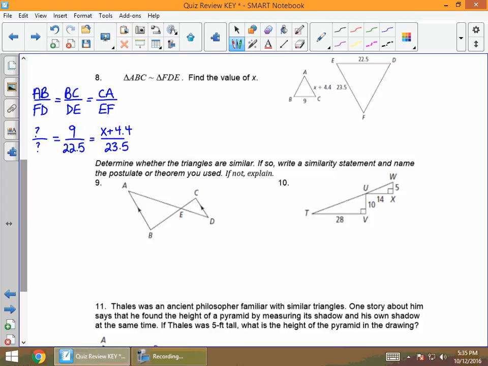All right, so let's get a little Algebra 1 going here. I'm going to do this one first. 22.5 times x is 22.5x, and 22.5 times 4.4 is 99.